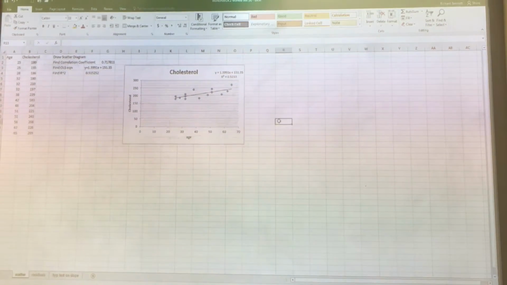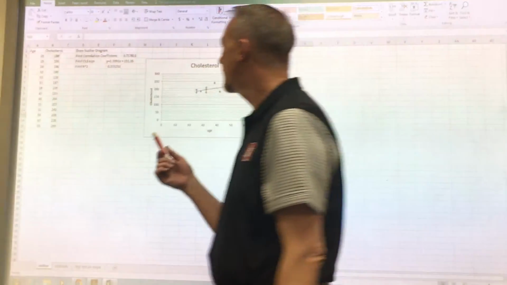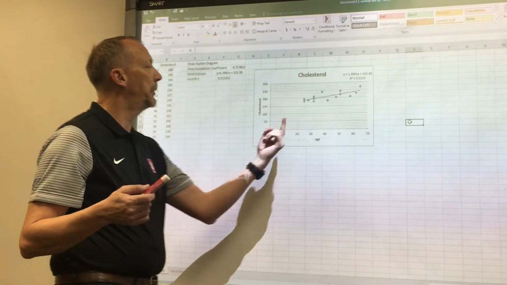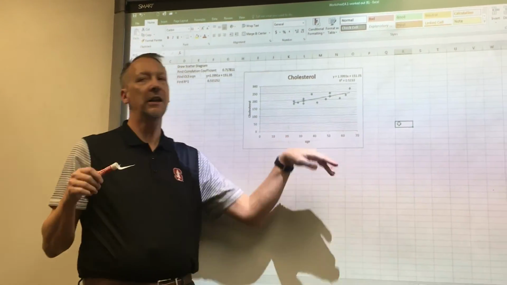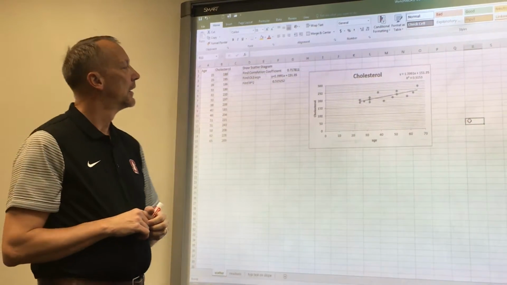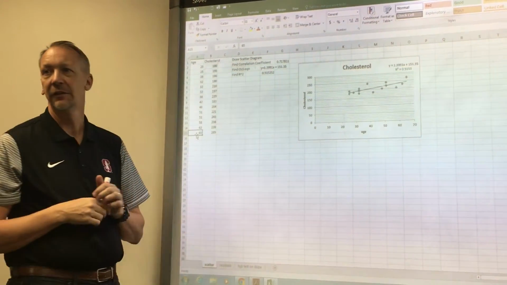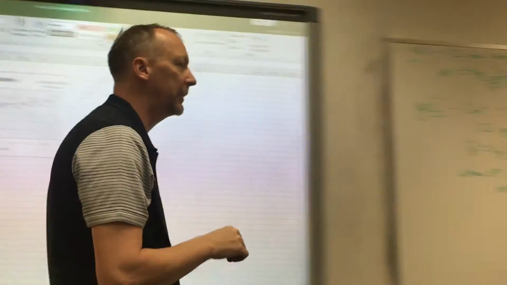One of the things we discovered, in the same example we did yesterday, is that it appears that as you get older, your cholesterol just naturally goes up, right? The ages here are from 25 to 65.